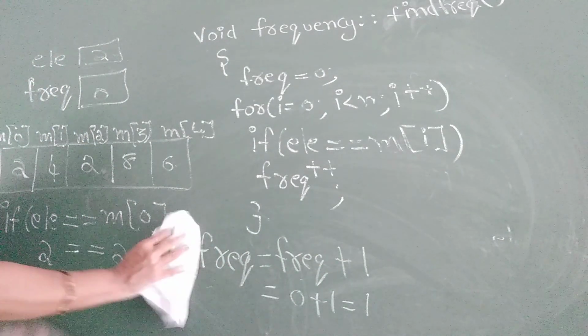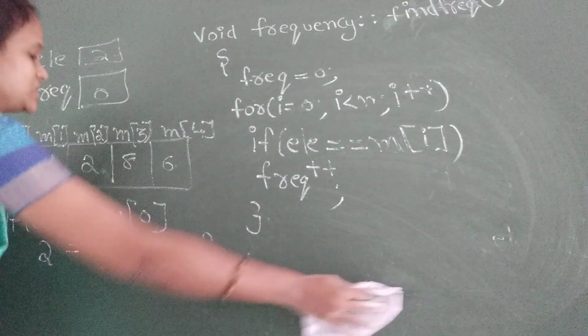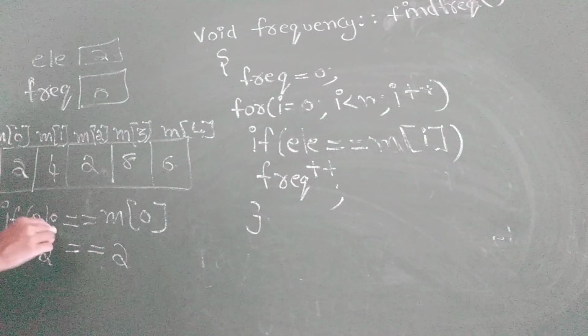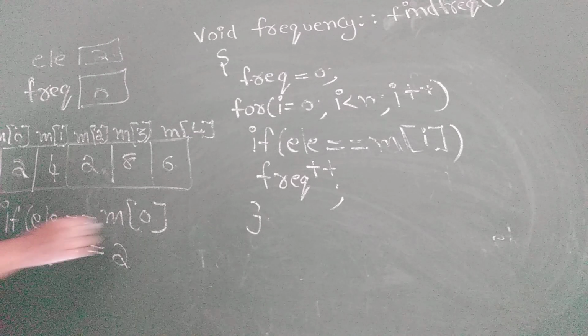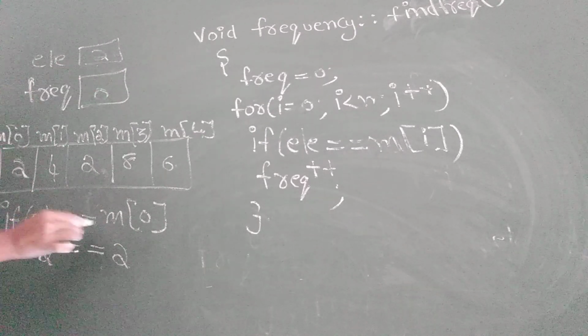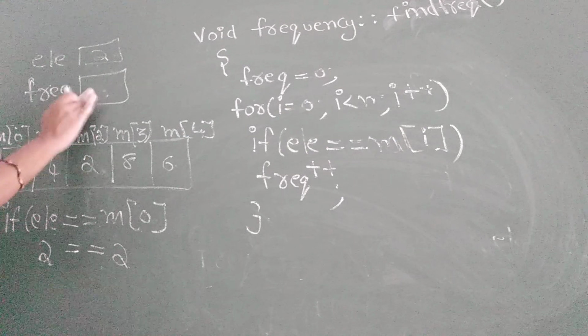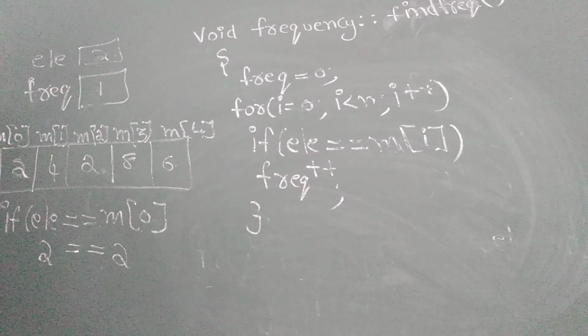To be very simple, frequency plus plus means we will add 1. If ele equal to m of 0, ele is 2, and in m of 0 what is there? 2 is there. The condition is true, so frequency will be 1.